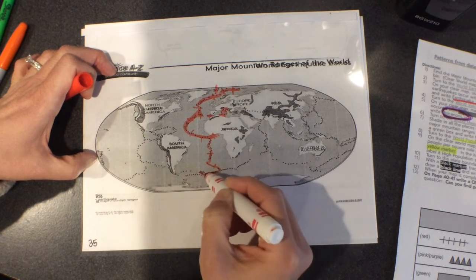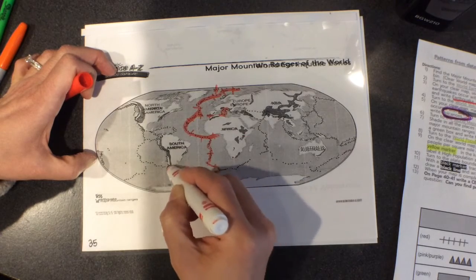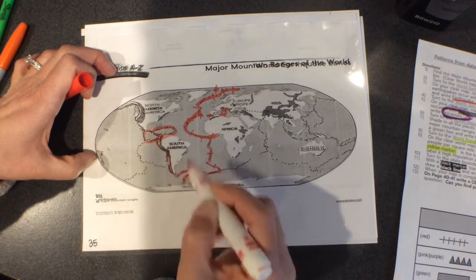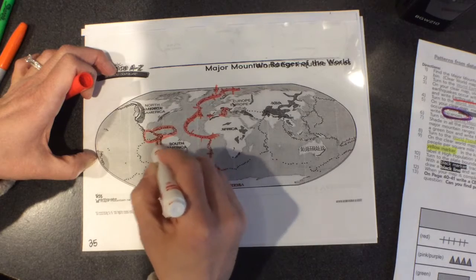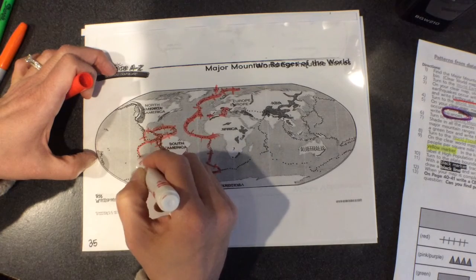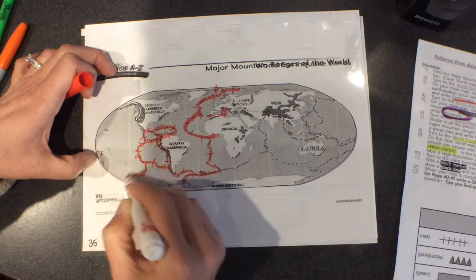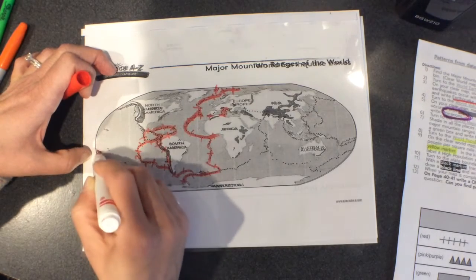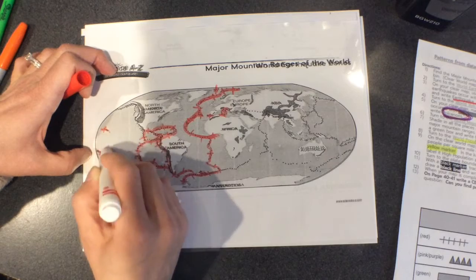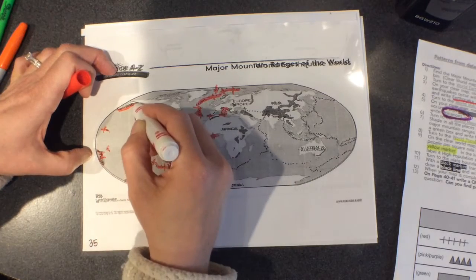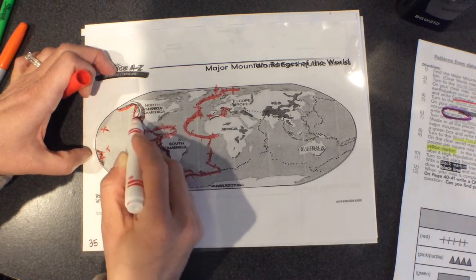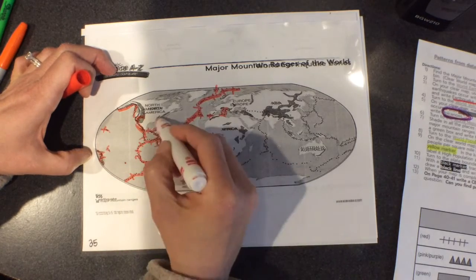So you want to try to gather all of them. And once you have all of the earthquakes identified, make sure that you identify your key as well. All of the earthquakes are these little dots.